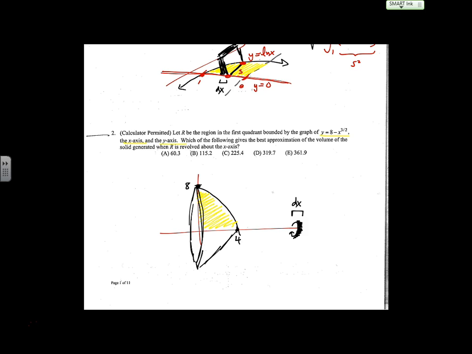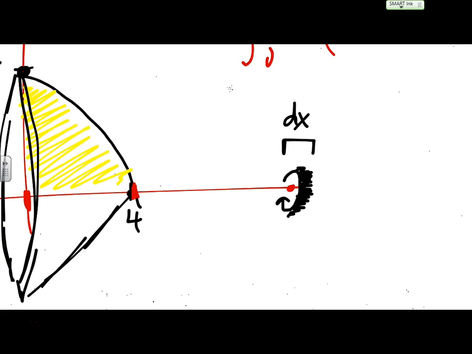So all I have to think about is, v is equal to the integral from 0 to 4. You think about the pi being inside or outside. I need pi r squared with a dx. My radius is going to be, remember, think about from the axis of symmetry, go out towards the area.